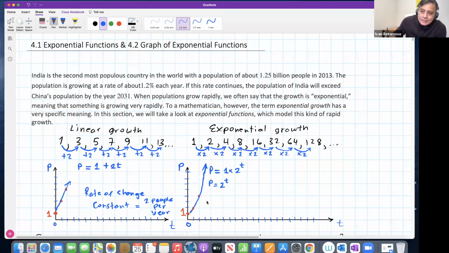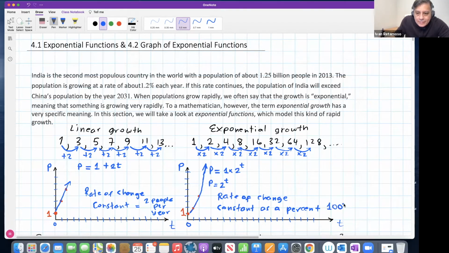Here, what is constant is the rate of change as a percent. And what percent? In this case, 100%. To get to the next, the first grew 100% of itself. It gets double itself. 100%, constant rate of change as a percent.